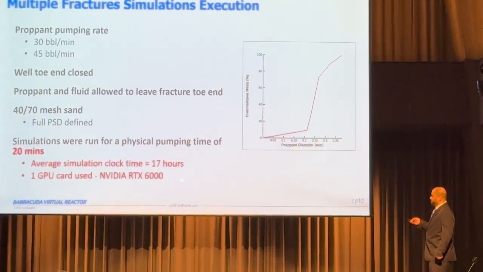All right, and lastly, this actually is amazing if you look at it. We are modeling those 200 feet long fractures, and we are simulating 20 minutes of pumping flow from the top to the bottom into those fractures. And we are doing that in an average of 17 hours. We are simulating about 20 minutes worth of simulation time.